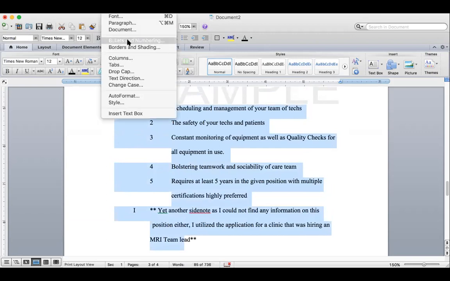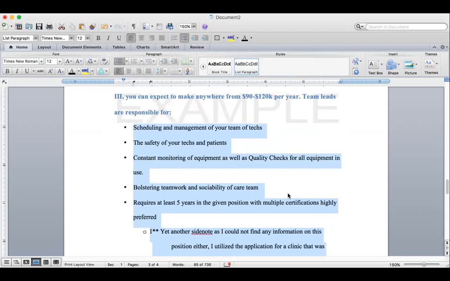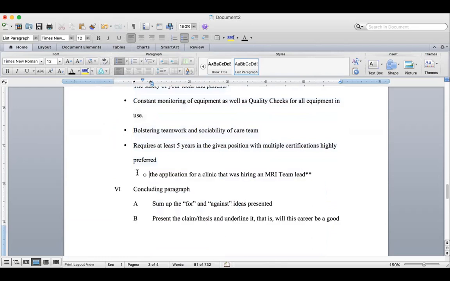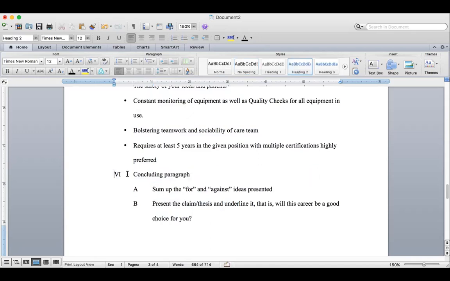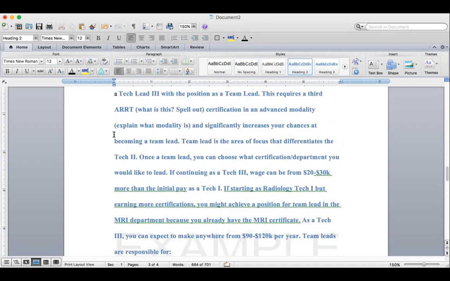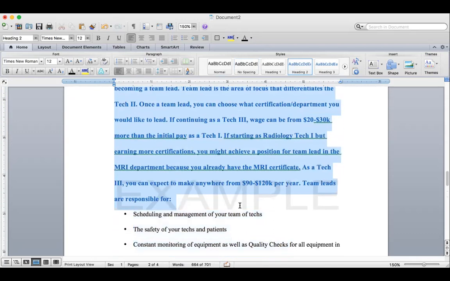Okay, bullets. All right, so this is a note that somebody told me there. So I'm going to take that out. Okay, and then again, I've got to go back here and change all of this.